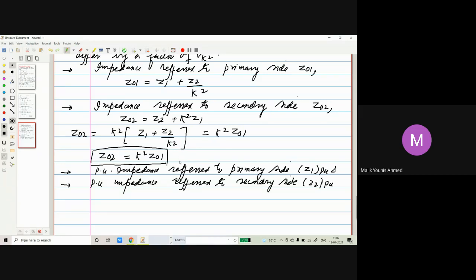So per unit referred to primary side is Z1 per unit, and impedance referred to secondary side is Z2 per unit. That's the symbolic notation.